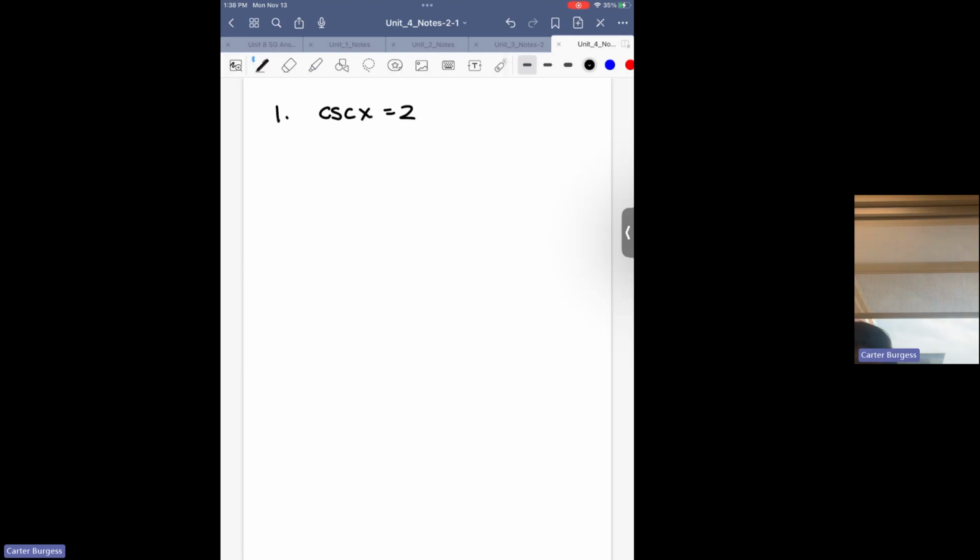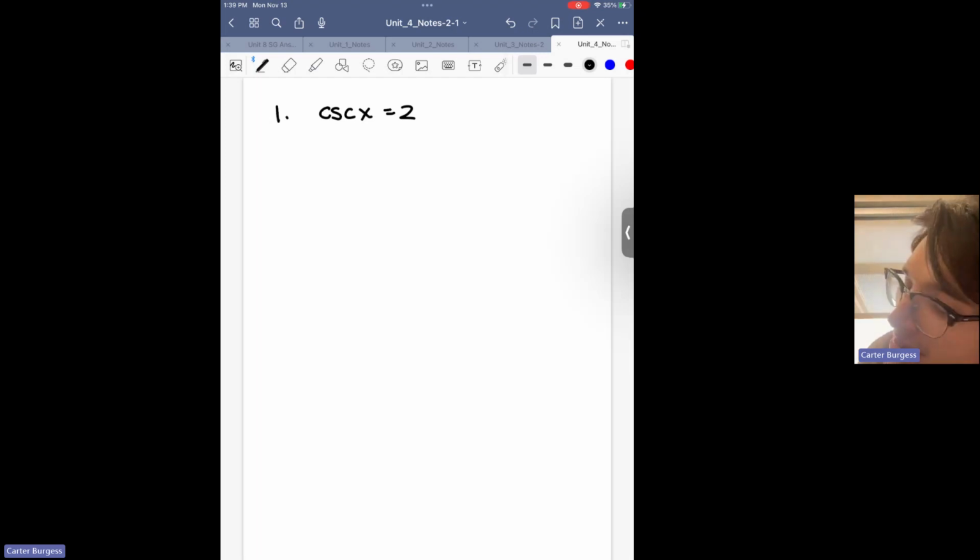Now, we can work with this pretty directly. It does require you to be pretty comfortable with your reciprocal trig functions, and I think most people are probably not as comfortable with those. So my recommendation would be to reformat this into sine and cosine, because we have a more robust memory catalog of the unit circle and how it relates to sine and cosine rather than cosecant or secant.